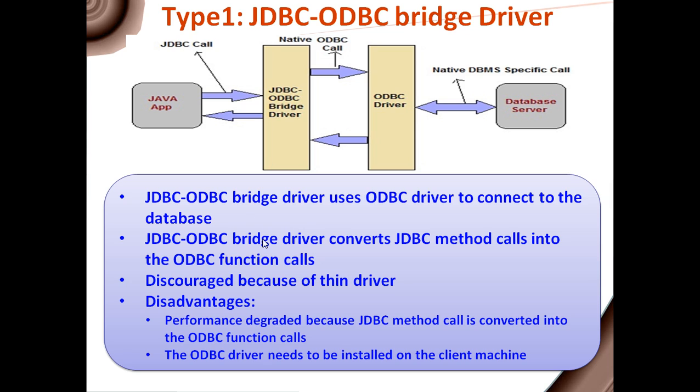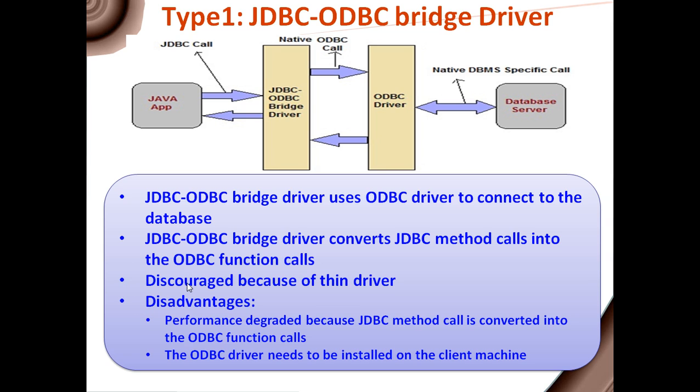The second point is that the JDBC-ODBC bridge driver converts JDBC method calls into ODBC function calls, and this is one of the important issues, and we'll see that as part of its disadvantages also.